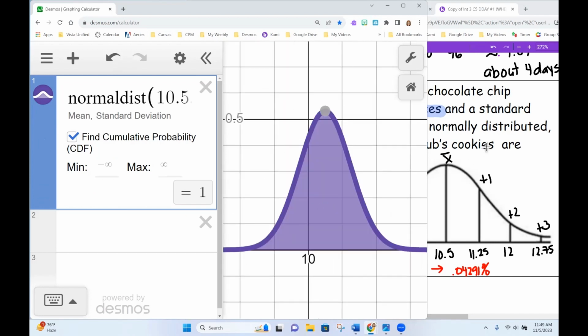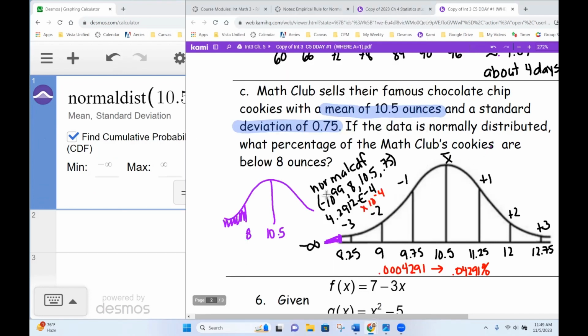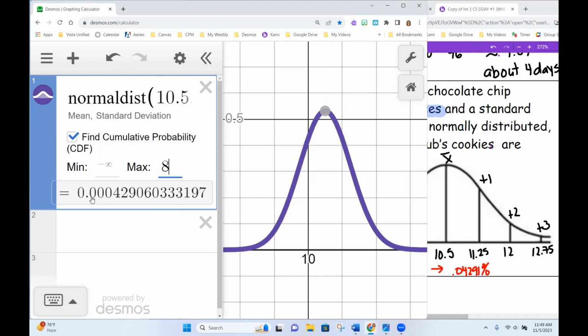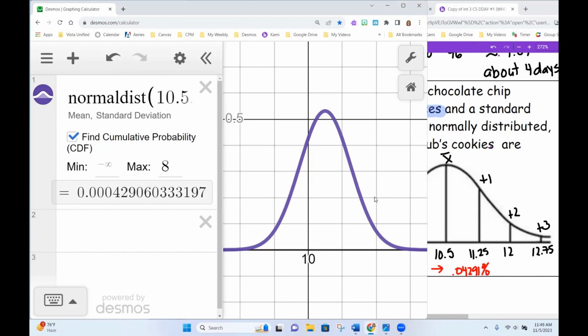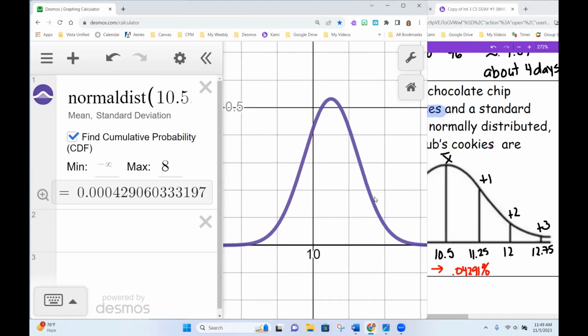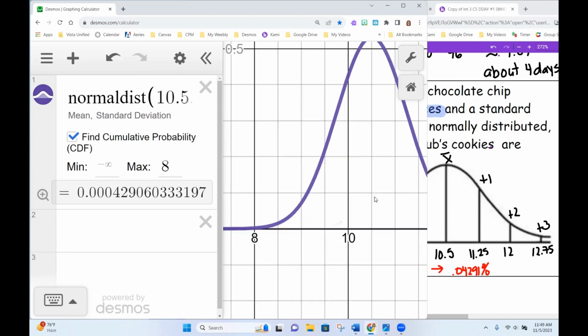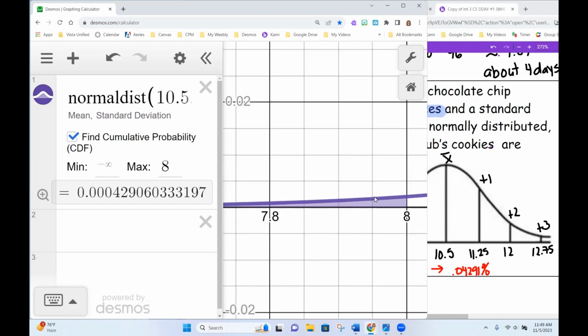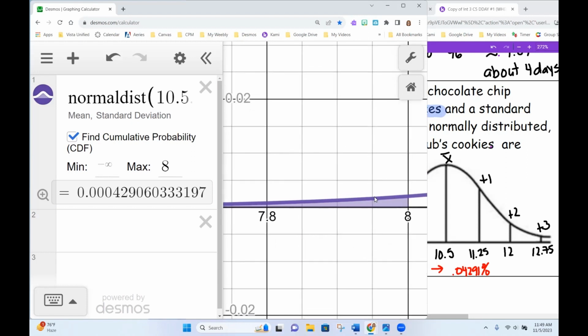Okay, so that's what the picture looks like. For us, we wanted it to be less than 8 ounces, so we wanted it from negative infinity to 8. And you see 0.0004. And if we see it in the picture, you can see it right there. It's really, really teeny, tiny.